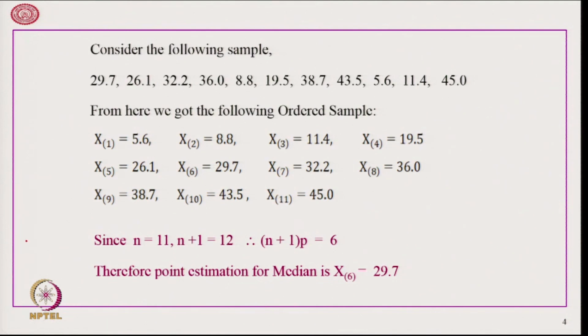Since n is equal to 11, n plus 1 is equal to 12, and hence n plus 1 into p, which is 0.5, will give us 6. Hence, the point estimate for median is x 6, which is 29.7. So, that way we can get an estimate for the median.